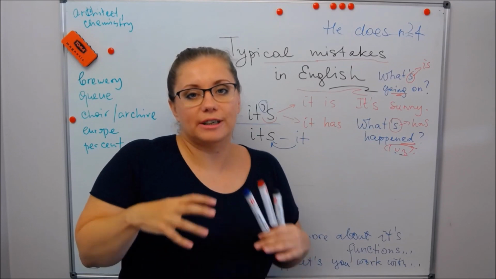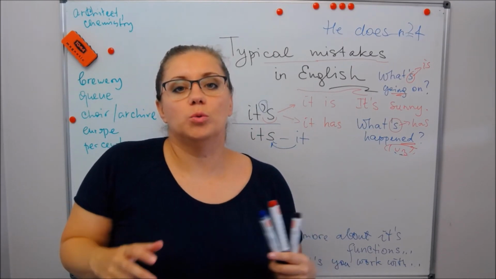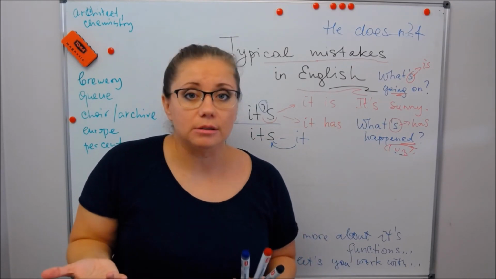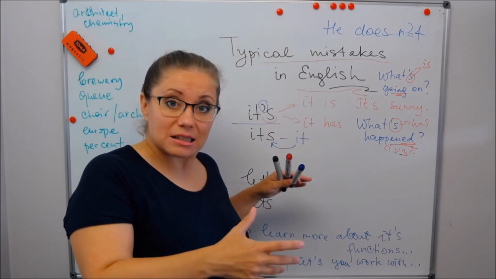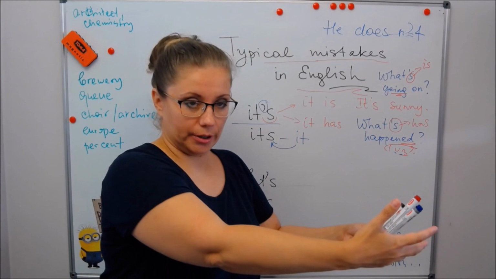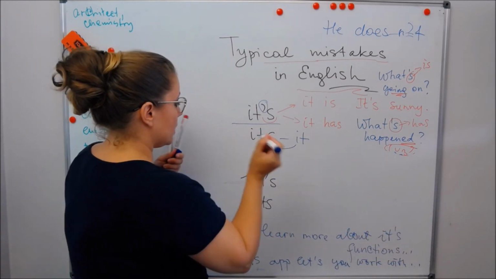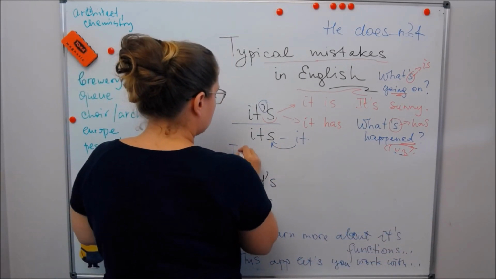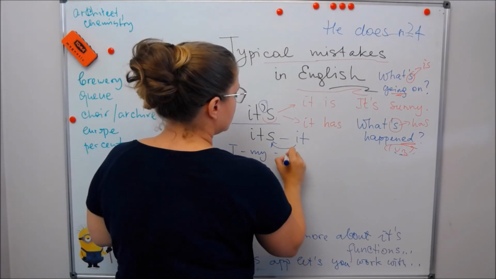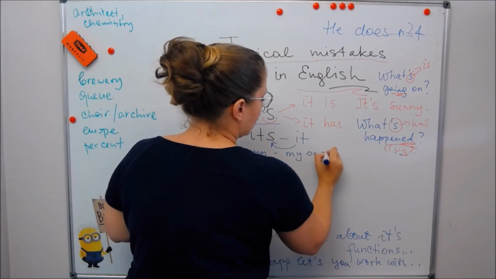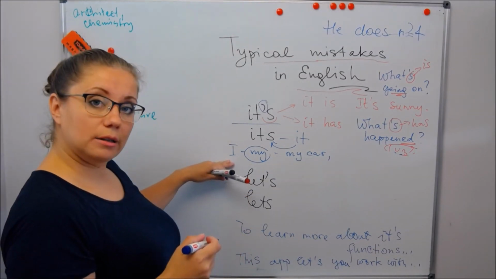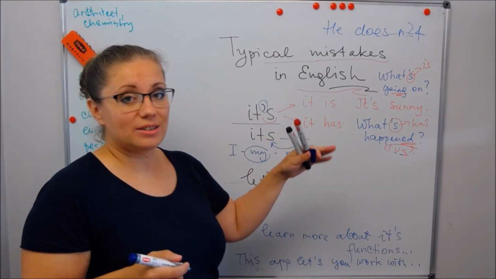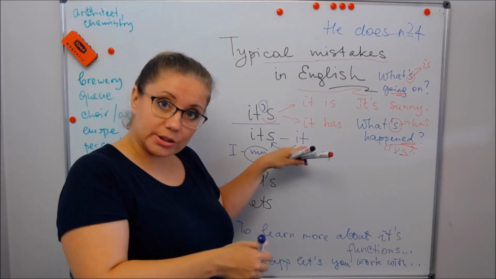When you have an owner which is not a person, which is it, it will be its, belonging to it. The same way you say, for example, I, my, so this is my car. This is a possessive adjective for I, and its is a possessive adjective for it.